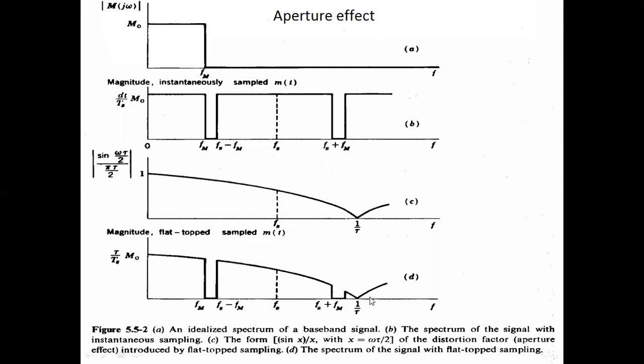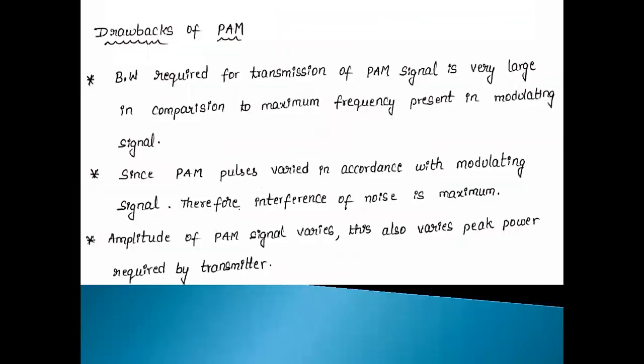This decreasing of amplitude is called the aperture effect. The aperture effect occurs only in flat top sampling.